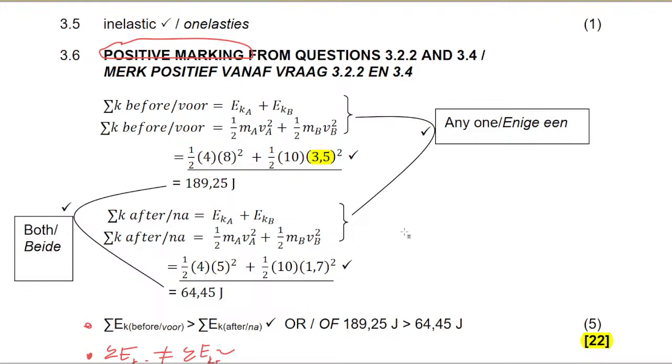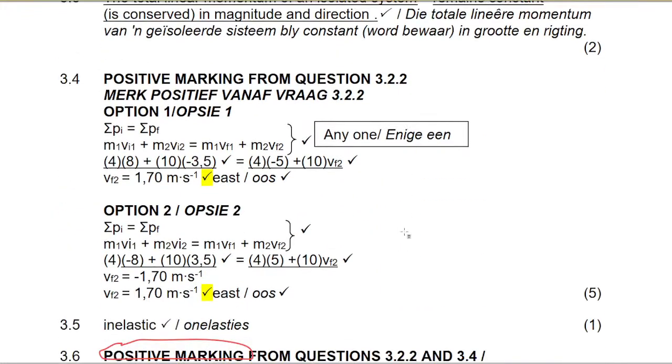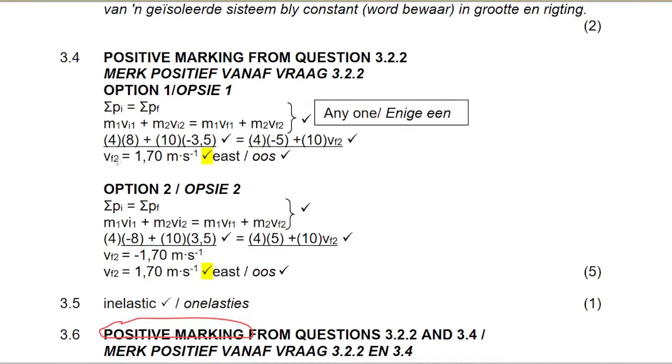Similarly to what is happening in 3.4, can you go to 3.4, Mr. Nambane? You must remember the answer to 3.4, the velocity there is 1.70. And then the learner takes a wrong answer. Let's say the learner got 2 here, for argument's sake.